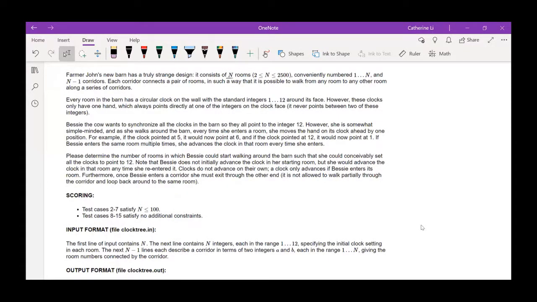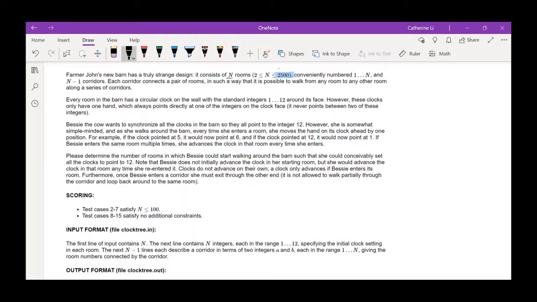So we have a barn with n rooms, and the bound is 2,500, and the n rooms are numbered 1 through n, and we have n minus 1 quarters that connect pairs of rooms. So we also know that we can go from any room to any other room, which is pretty important for the solution.